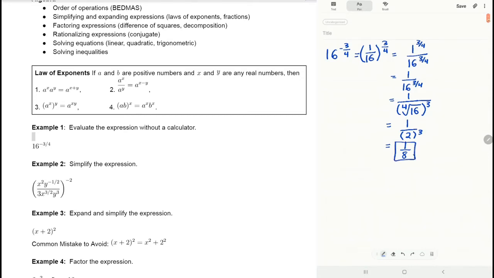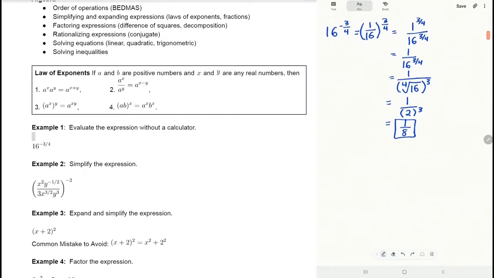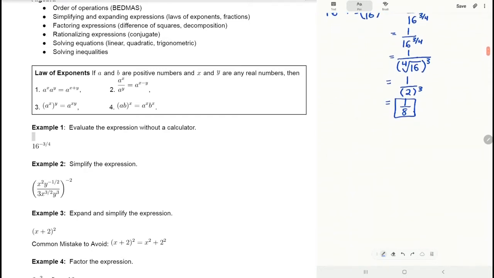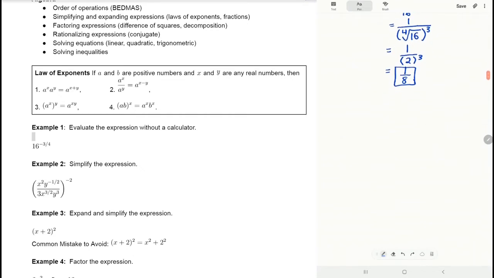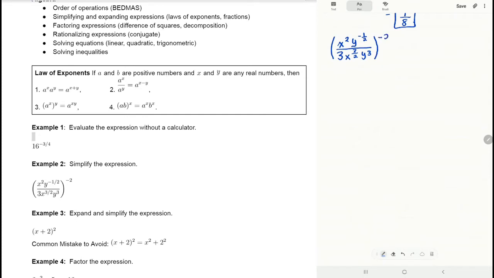Now in the next example, this one is a bit trickier since there's many more terms to deal with. So let's try to break it down step by step. All right, so what we have is x squared times y to the power of negative 1 over 2 divided by 3 times x to the power of 3 over 2 times y cubed, and this is all raised to the power of negative 2.